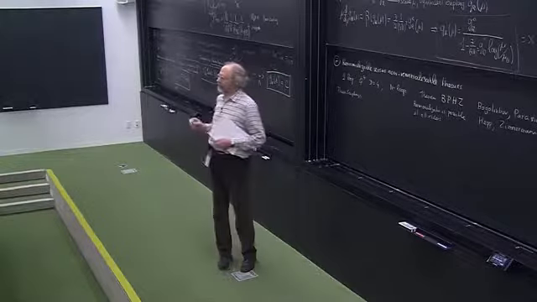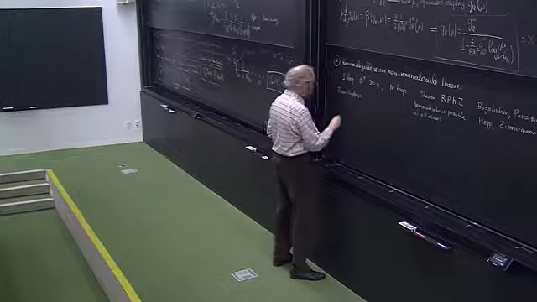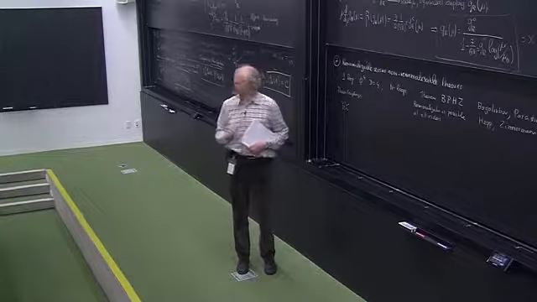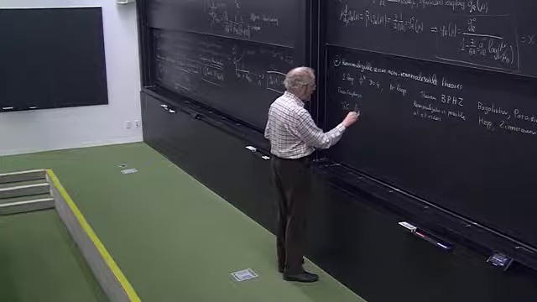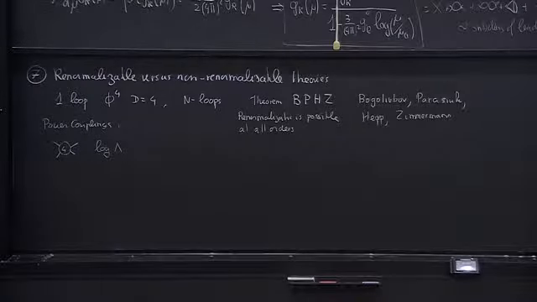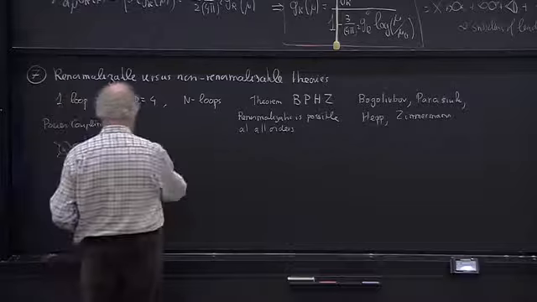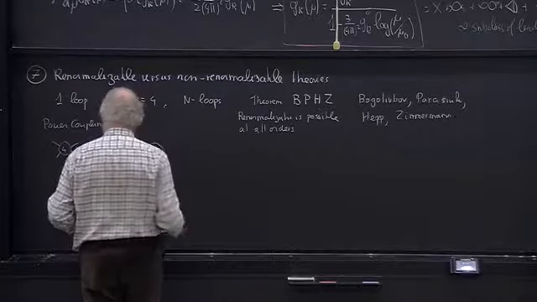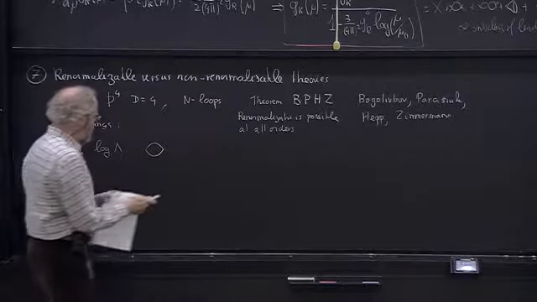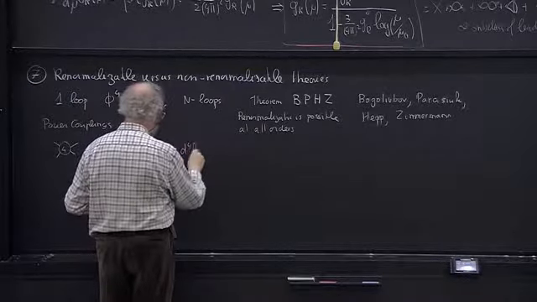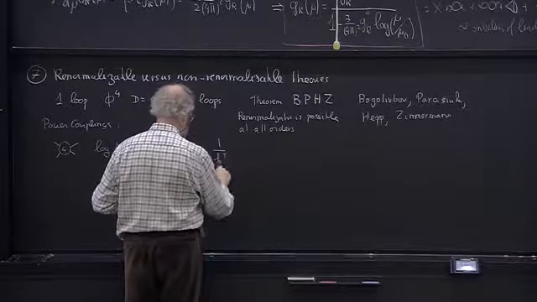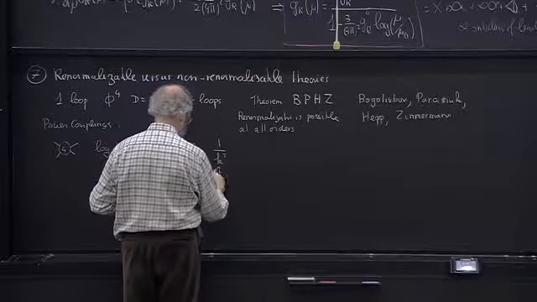Okay, because in 4 dimensions, we have seen that if you consider the 4-point function at one loop, it contains only log of lambda. Okay? And that's because in this diagram, we had an integral d4k associated to the loop, and a propagator 1 over k squared associated to the lines of the diagram.